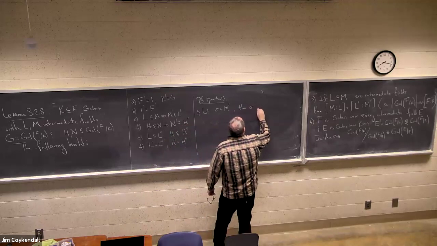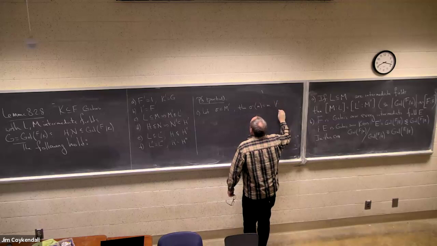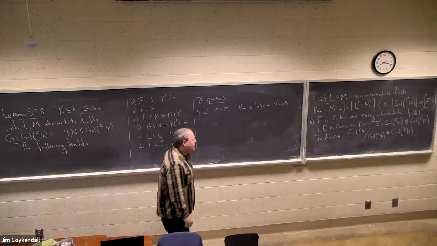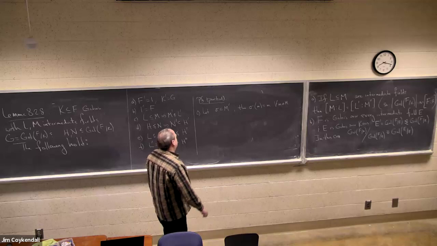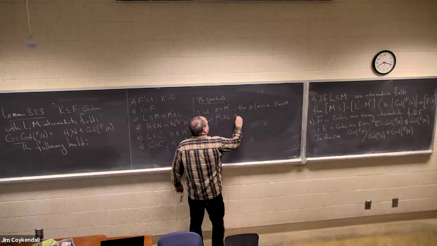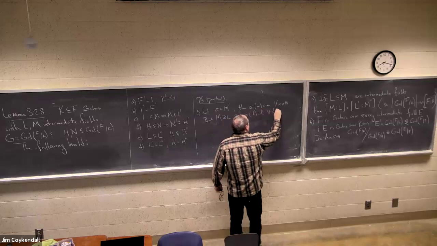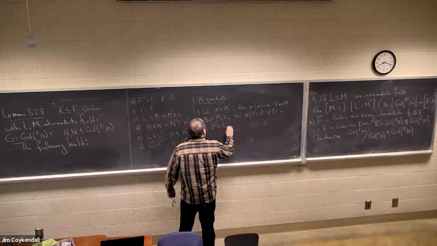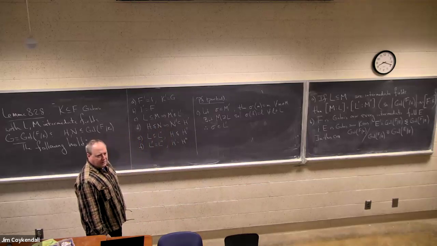Then sigma of m is equal to m for all m in M. That's what it means for sigma to be in M prime. It means it fixes everything in the field M, but M contains L. So sigma of l is equal to l for all l in L. Therefore sigma is in L prime. So really this is just chasing definitions.